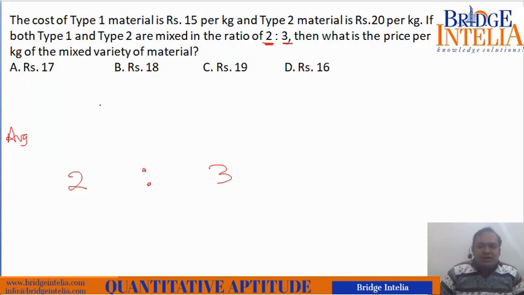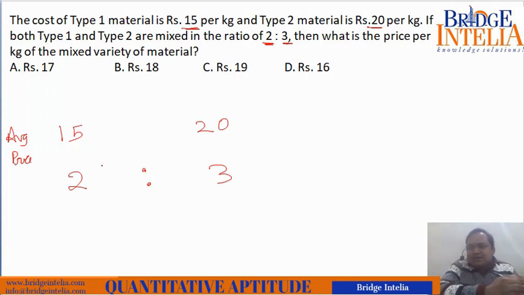The ratio is already known, 2:3. The average price is already given. Type 1, 15 average price, and for this, the average price is 20. You are simply concerned about what will be the average price of the resultant. So let's apply the weighted average method. Since the ratio is already given, you don't have to worry about finding the simplest ratio.